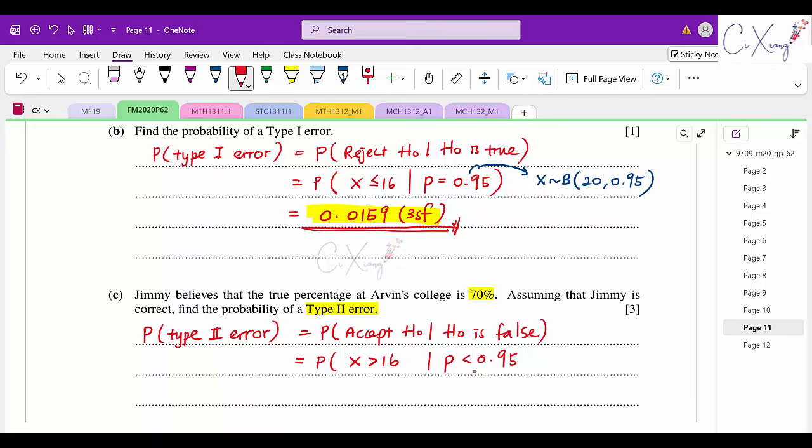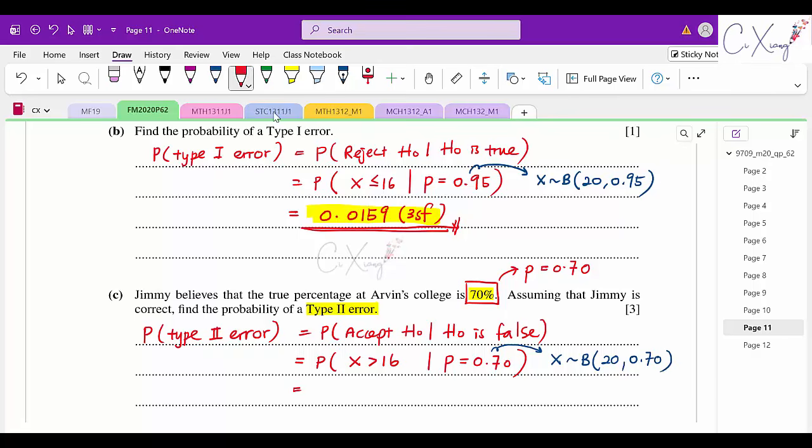Therefore, in the question itself, they will give us a new value for p. So from here, we know that p should be equal to 0.70 in this case, which also means that to calculate this probability, we use this distribution: X is binomially distributed with 20 as n and 0.7 as p.